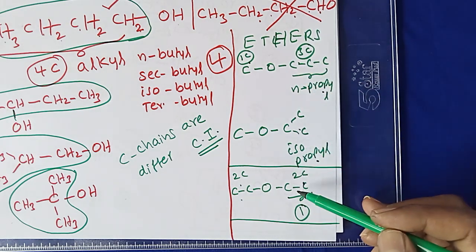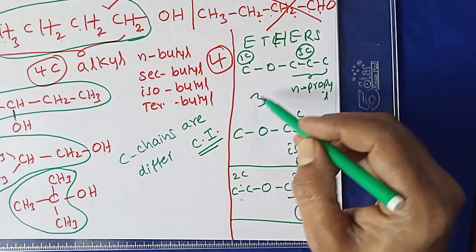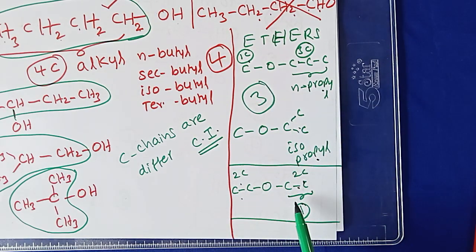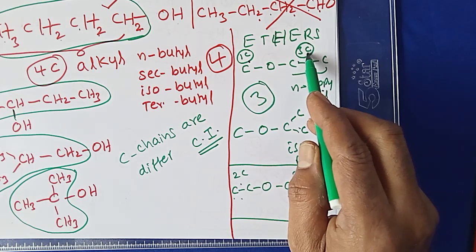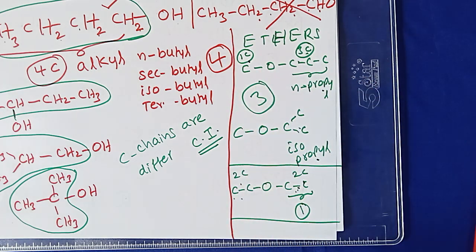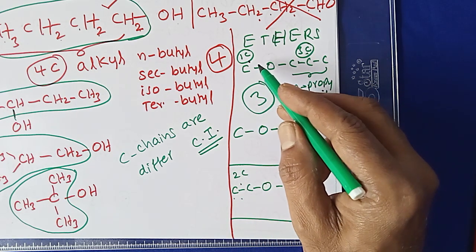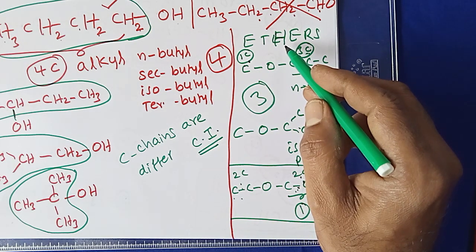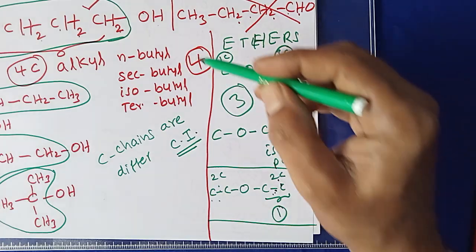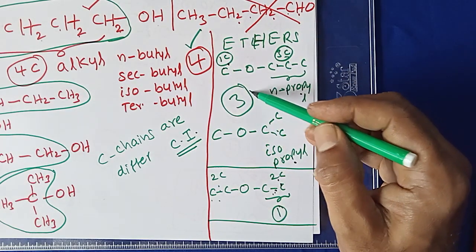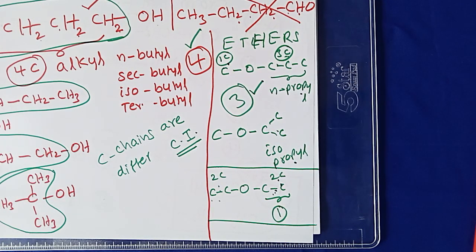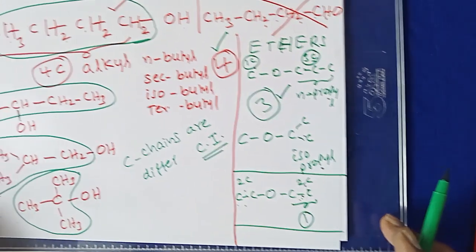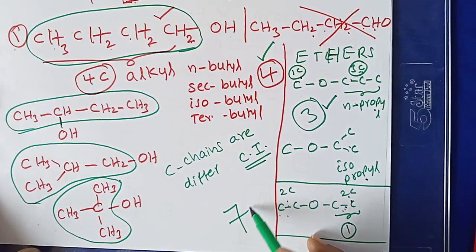So 1, 2, 3: 3 ethers. Next change is not possible, because if you change the 1 carbon to here, 3 carbons, 1 carbon, already finished; 1 carbon, 3 carbon, 3 carbon, 1 carbon, same. So only 1 to 3, 2 to 2 is possible with ethers. Remember carefully: 4 alcohols, 3 ethers. That's why the total is 7 structural isomers.